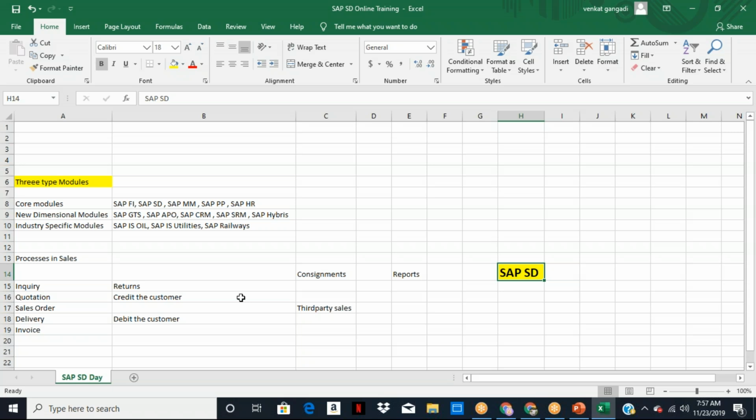To take care of all our sales related functionalities, SAP developed the SAP SD module, which is one of the core modules of SAP, which we are going to talk about in our training sessions.